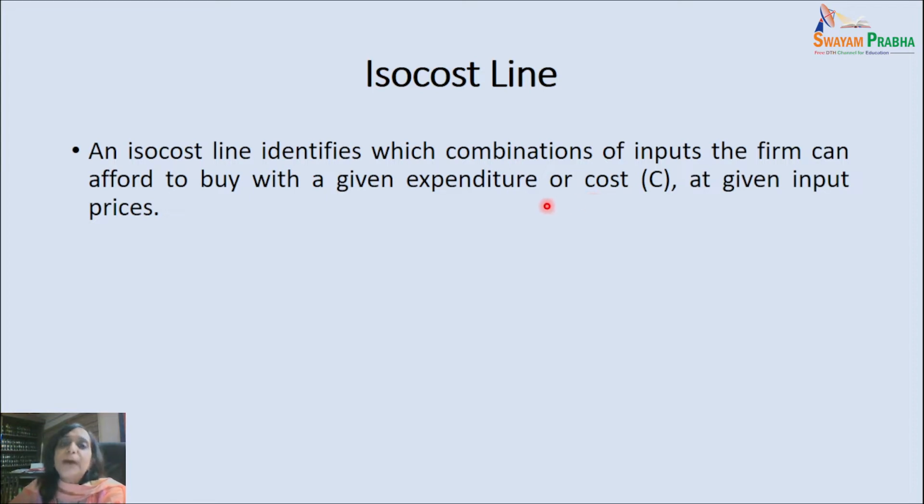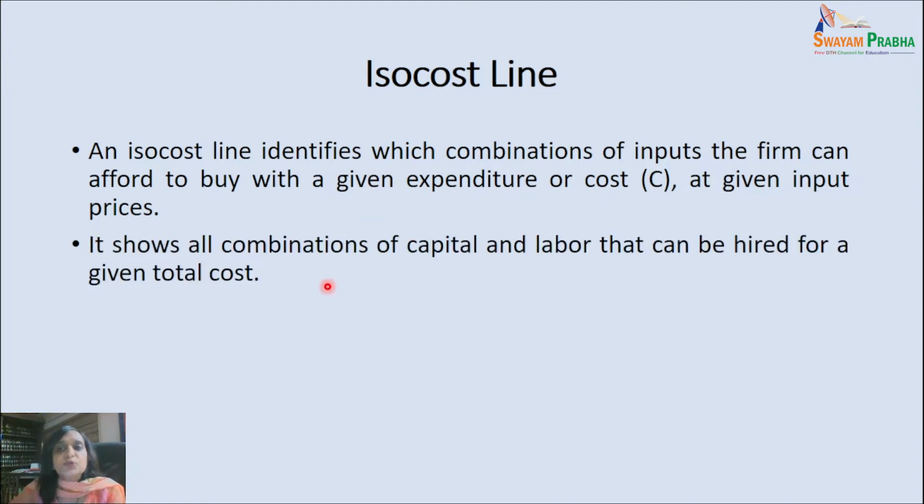Now the firm, by using the iso cost line, can see the various combinations of the factor inputs it can afford to buy with that particular expenditure and the price of inputs in mind. So basically, it shows all combinations of capital and labor that can be hired for a given total cost.